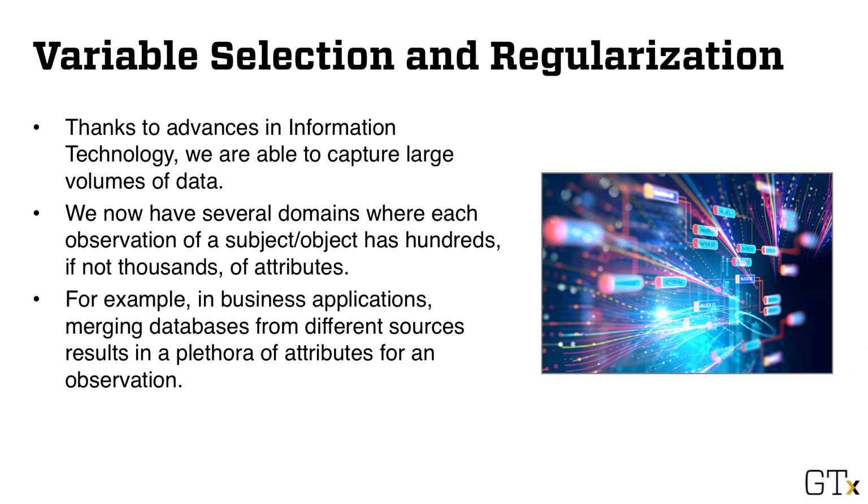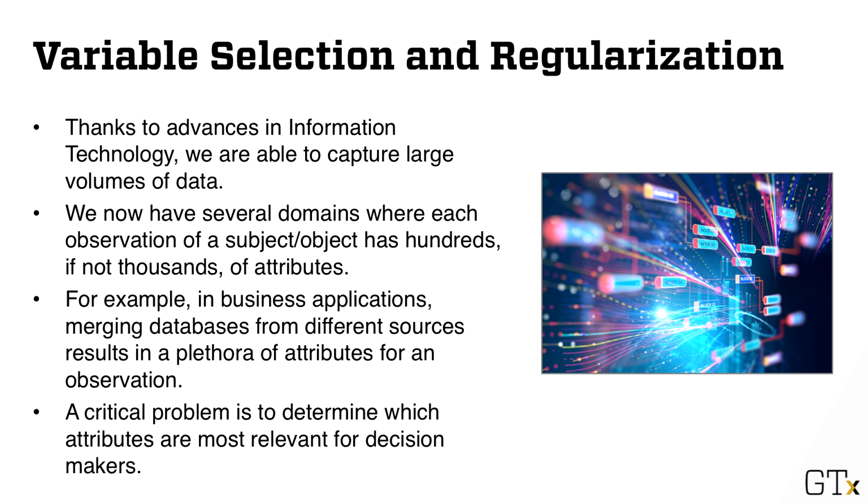For example, in business applications and settings, we could merge databases from multiple sources, resulting in a plethora of attributes for an observation. Or if you think of your healthcare record, you have hundreds of attributes about you as an individual. So, a critical problem is to determine which attributes are most relevant for decision makers.